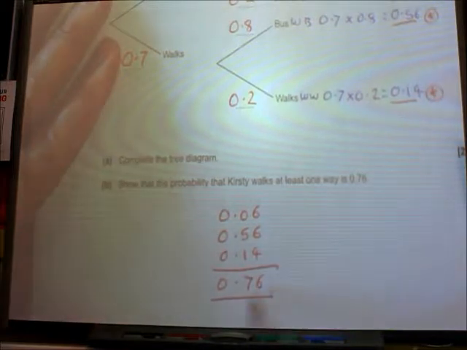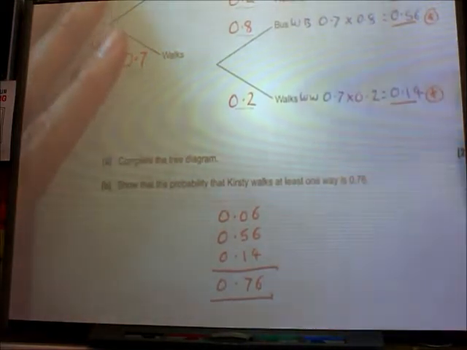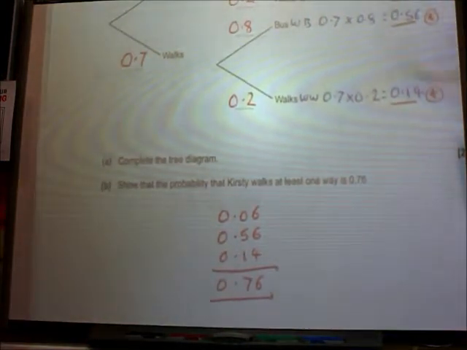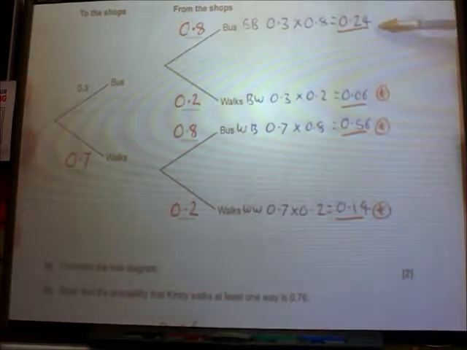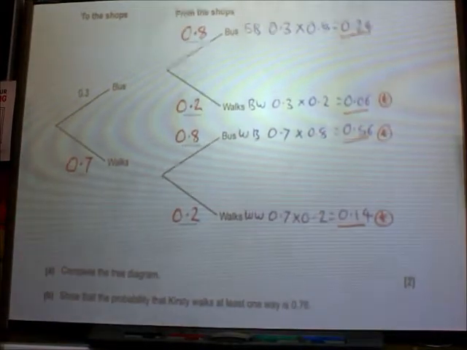So you need to show that calculation. For those of you who are quite proficient at these things, you could have done 1 subtract 0.24, and that is also a fine way of working it out, but this one is probably a little bit simpler, but either way you get the right answer.